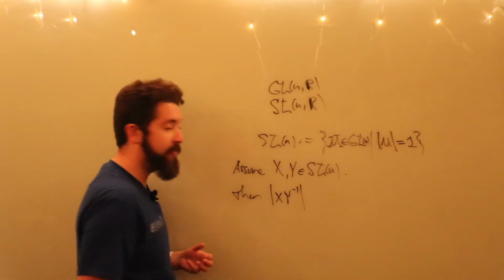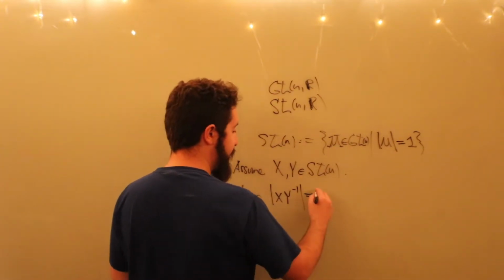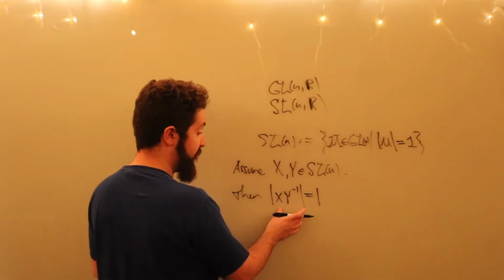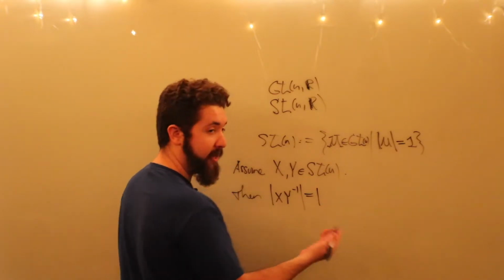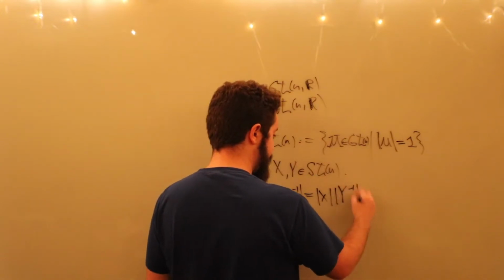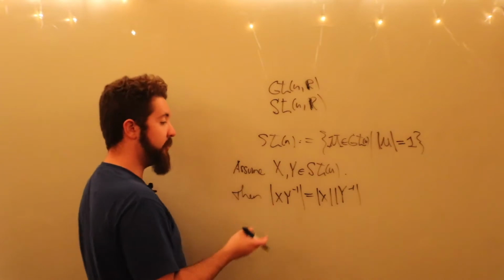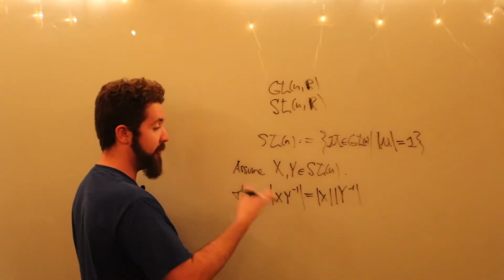Well, I'm just going to use a fact from linear algebra, which is that the determinant of a product is equal to the product of the determinants. And then a second fact, which is that the determinant of an inverse is equal to 1 over the determinant of the matrix.